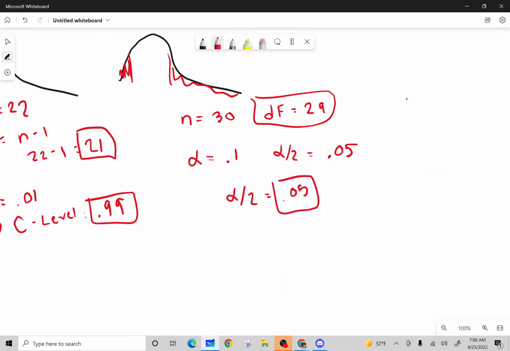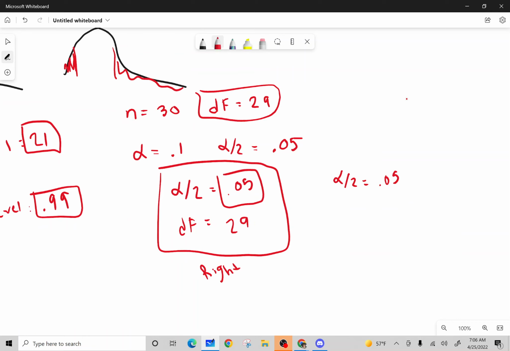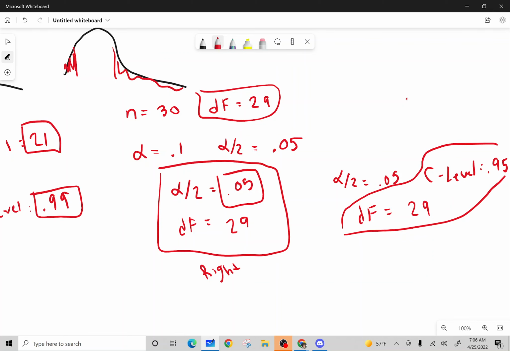So if I use that and 29 degrees of freedom, this is the right side. And then if I use alpha over 2 equals 0.05, that means 5%, then the confidence level is 0.95. And then we have the degrees of freedom equal to 29 still. So we use these two, and we'll get the left side.